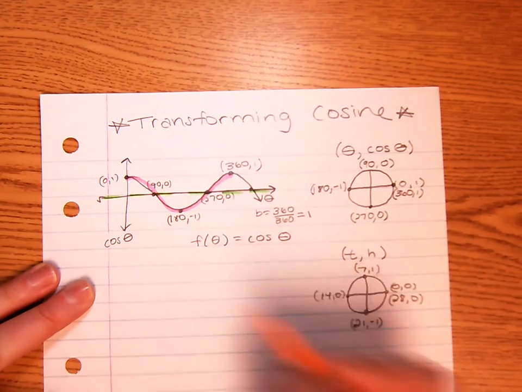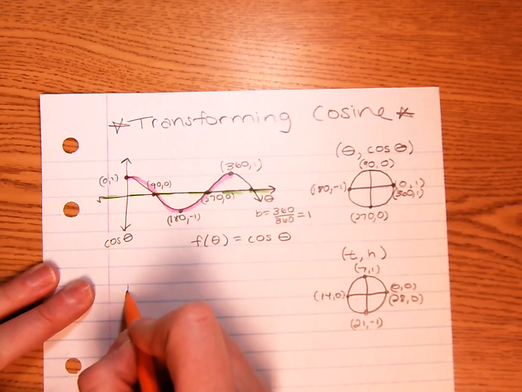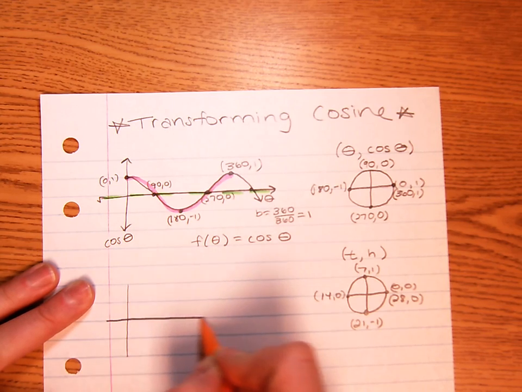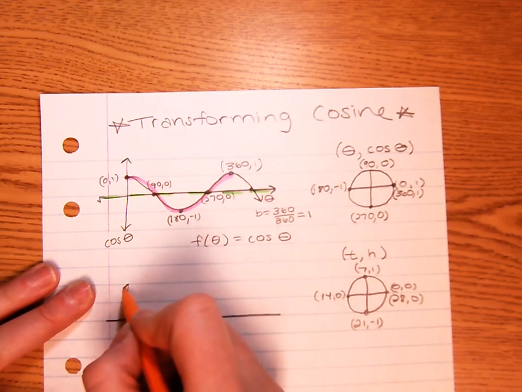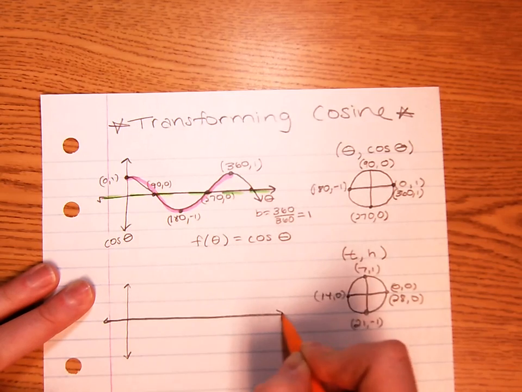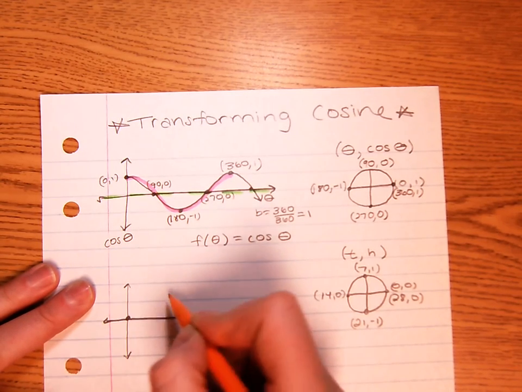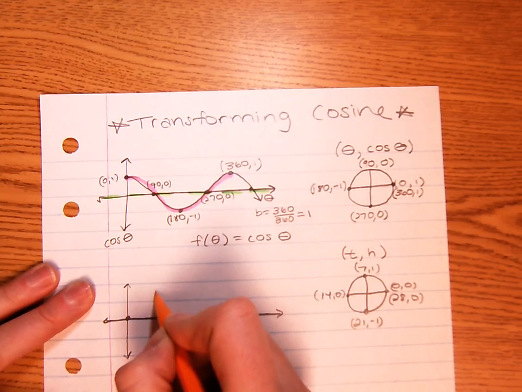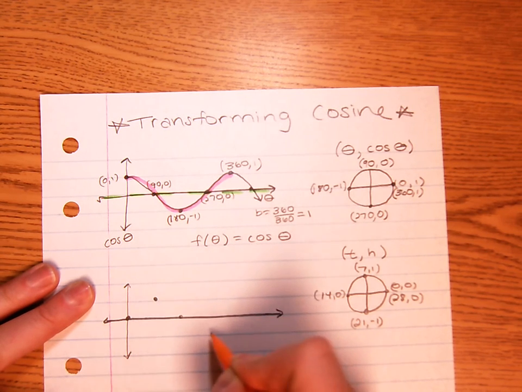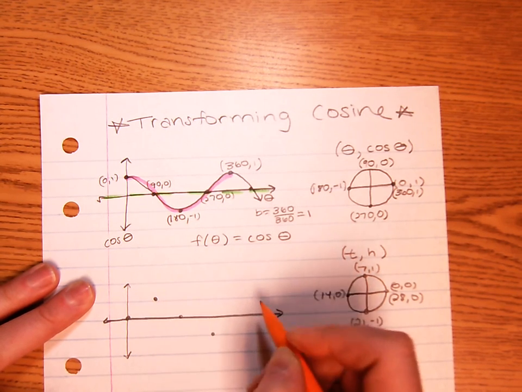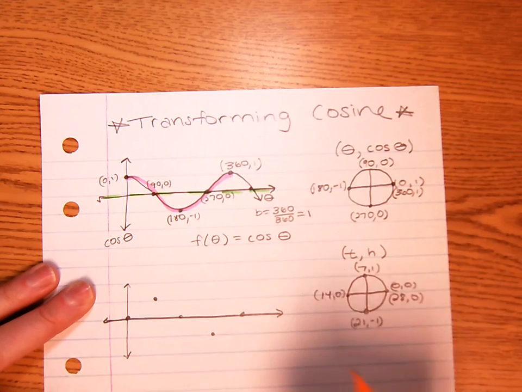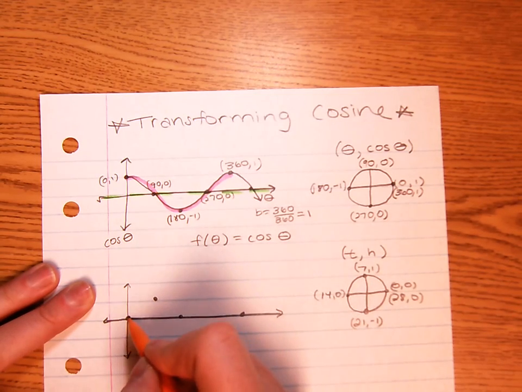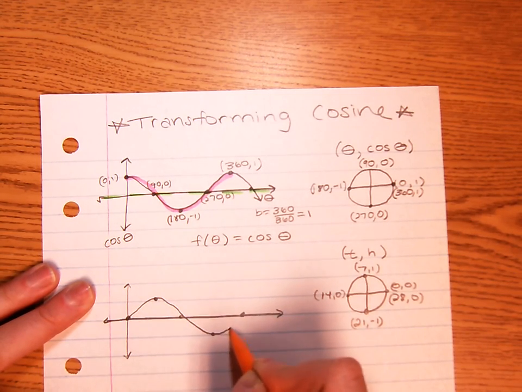So if I think about that in terms of a cosine graph, let me just label those points, and then we'll talk about how we can model this same situation that we modeled yesterday with sine using cosine. So here at 0, 0, make 7, 1 there, 14, 0, 21, negative 1, and then back up to the water level at 28 seconds.